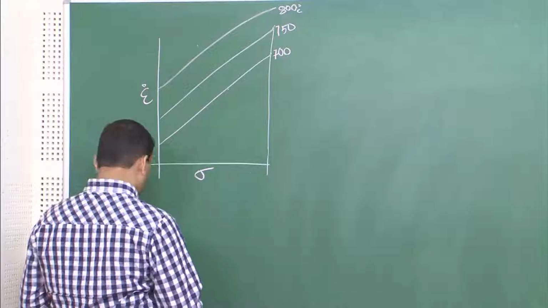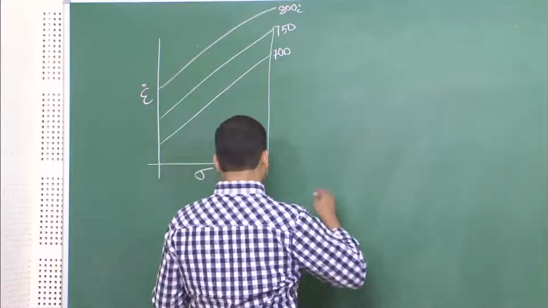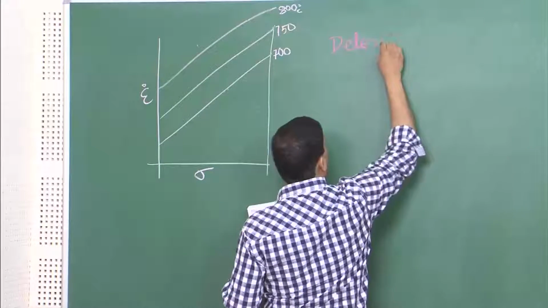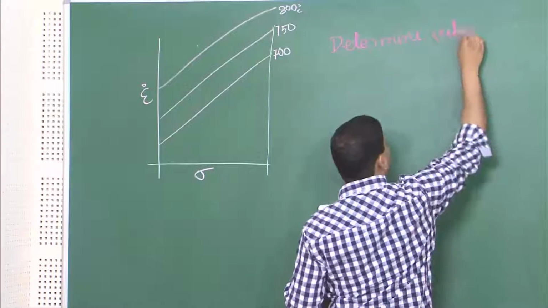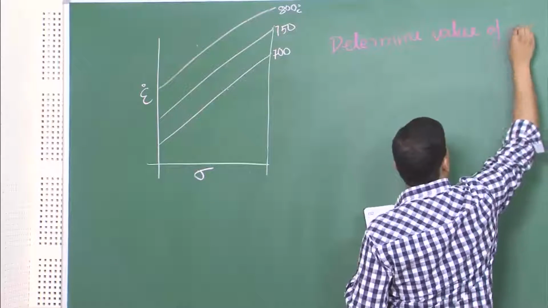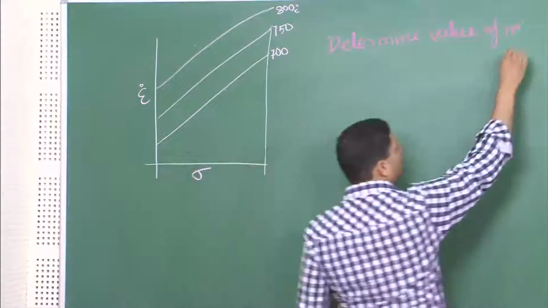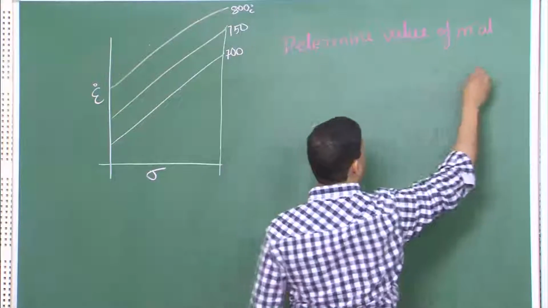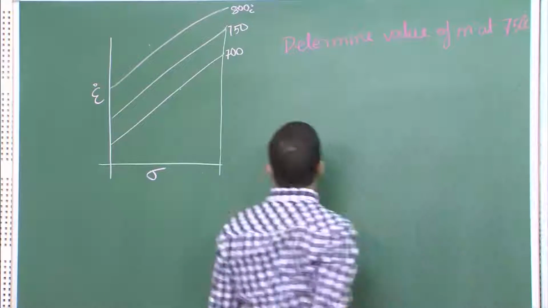Now, if someone asks you to determine the value of m for this material at some particular temperature, let us say at 750, then what do you need to do?